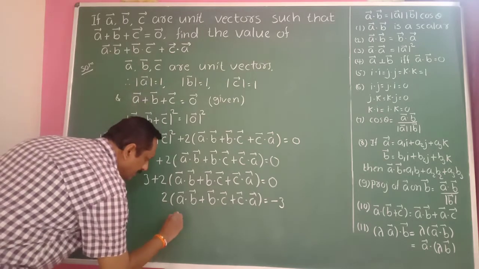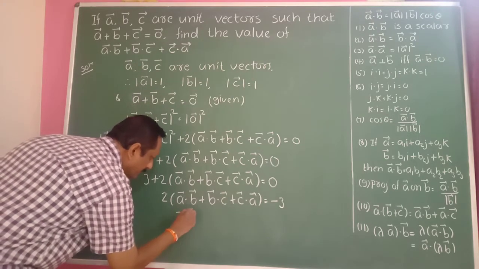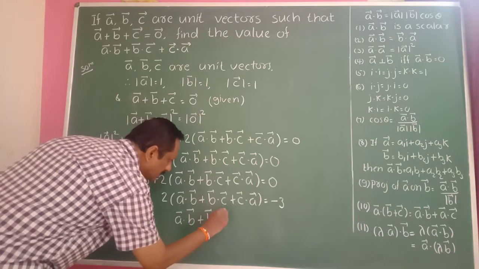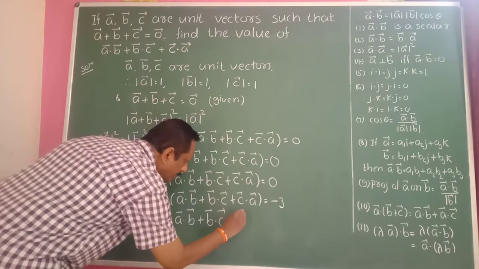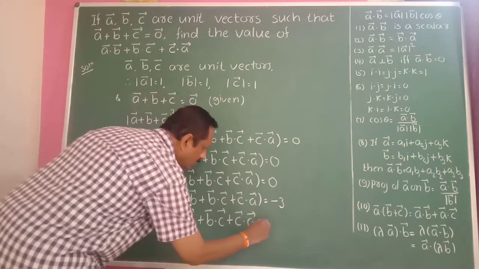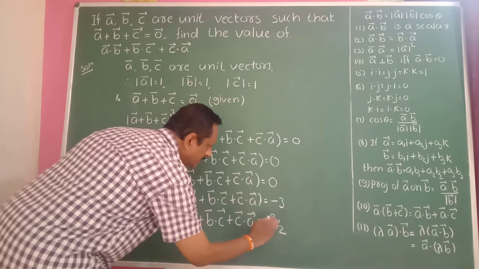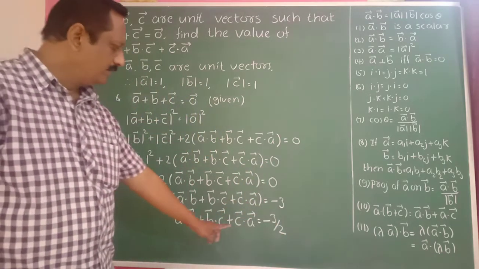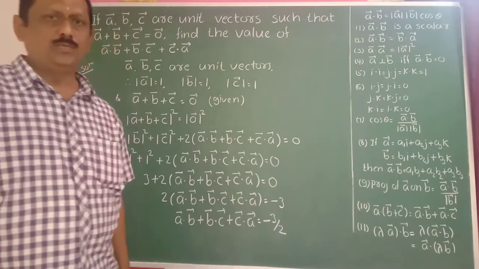Hence a bar dot b bar plus b bar dot c bar plus c bar dot a bar is equal to minus 3 divided by 2. Therefore its value is minus 3 divided by 2.